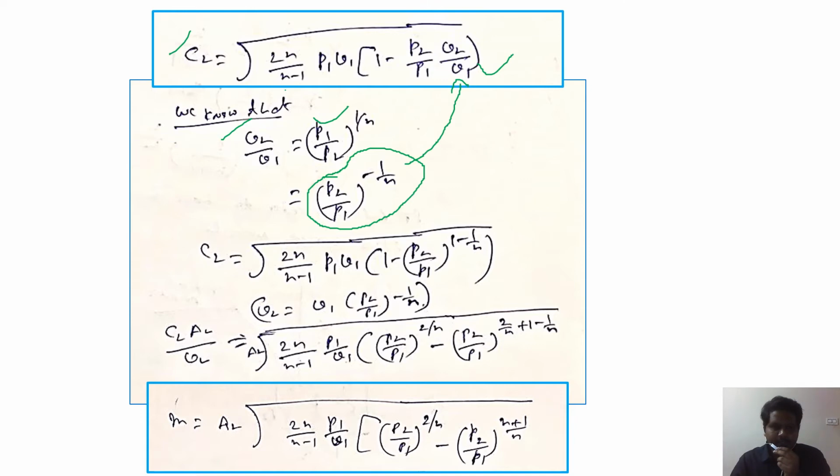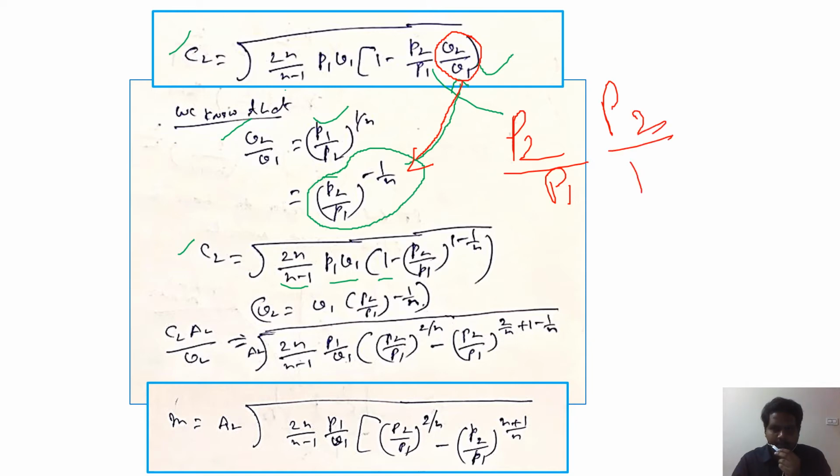After substitution, the equation is C2 equals the square root of 2n by n minus 1 P1 V1 times 1 minus, P2 by P1 is already there, in place of V2 by V1 we write (P2 by P1) whole power minus 1 by n.